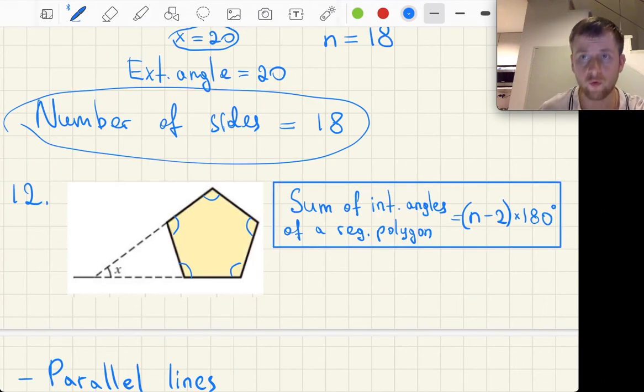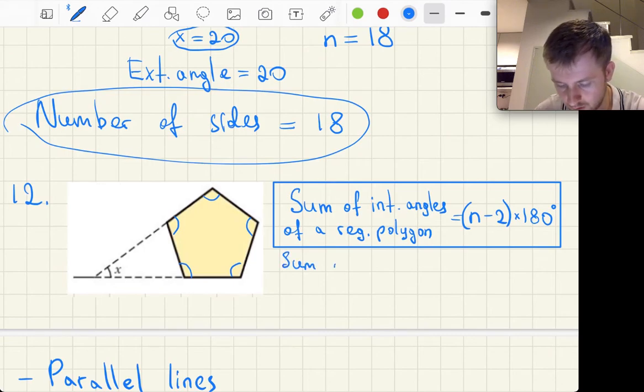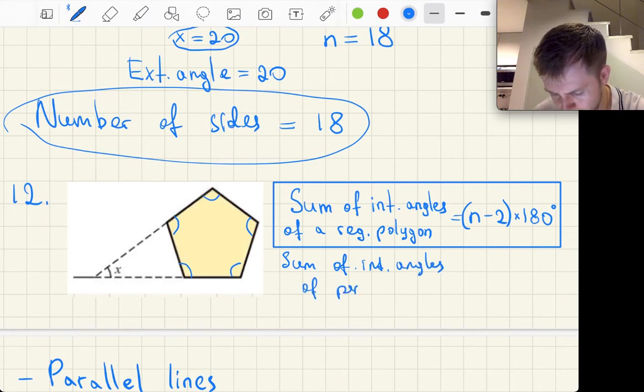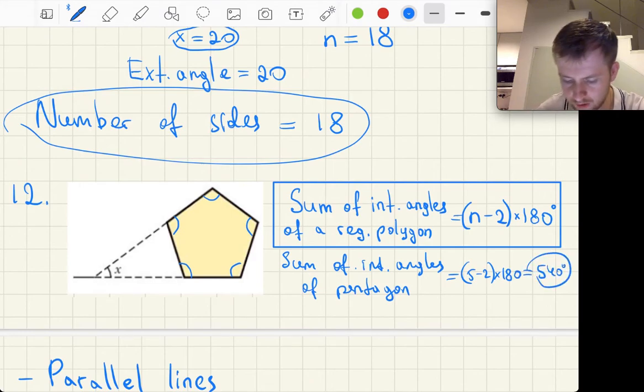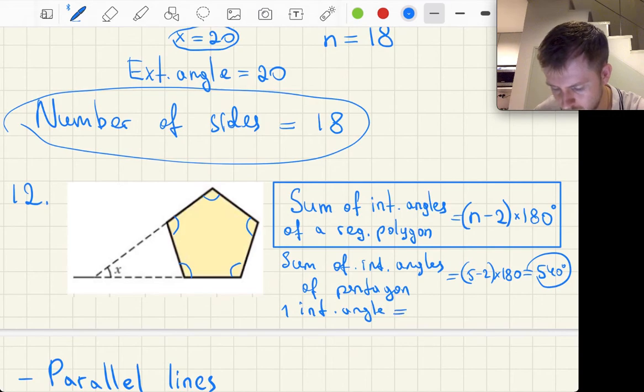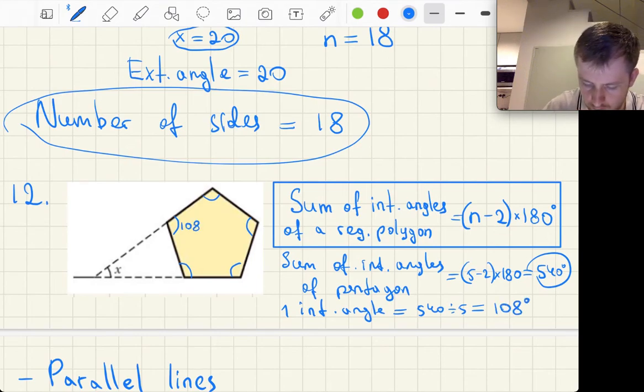So the sum of all angles of a pentagon will be 5 minus 2, times 180, which equals 540 degrees. Because all angles are equal, one interior angle of a pentagon will be 540 divided by 5, which is 108. So each one of these angles is 108.